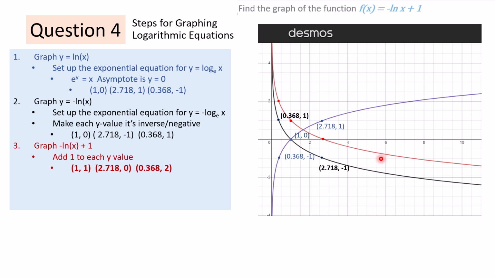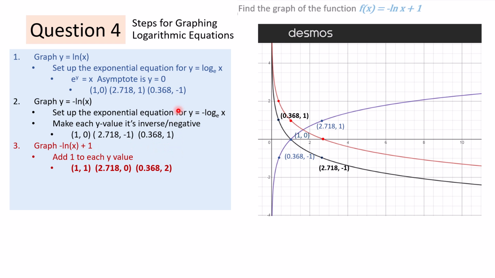Now the last one, I didn't put the points on here. We're going to go through this together. Is that final piece where we're going to graph. We've already got negative ln x, and then we're going to put +1. Now, if you remember the exponential rules, let's convert those to the logarithmic rules. We're going to add 1 to each y value.